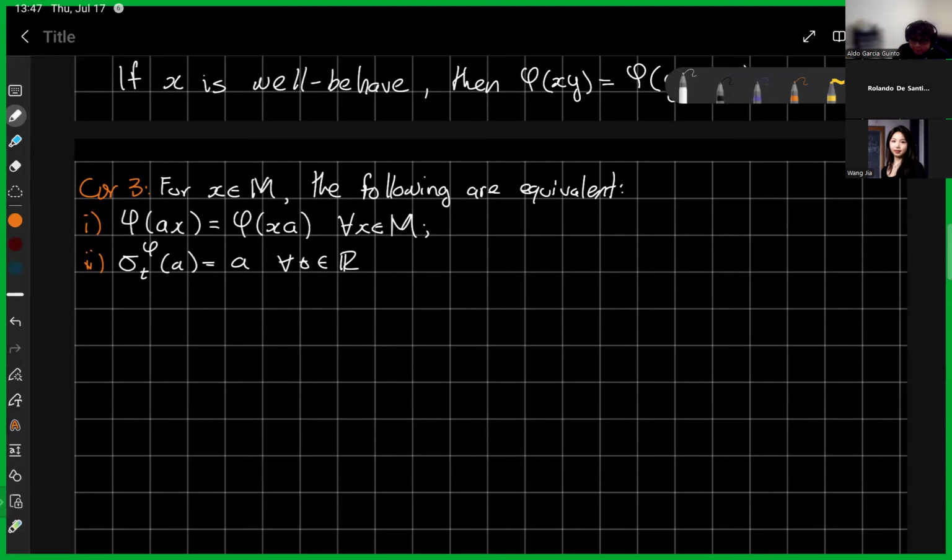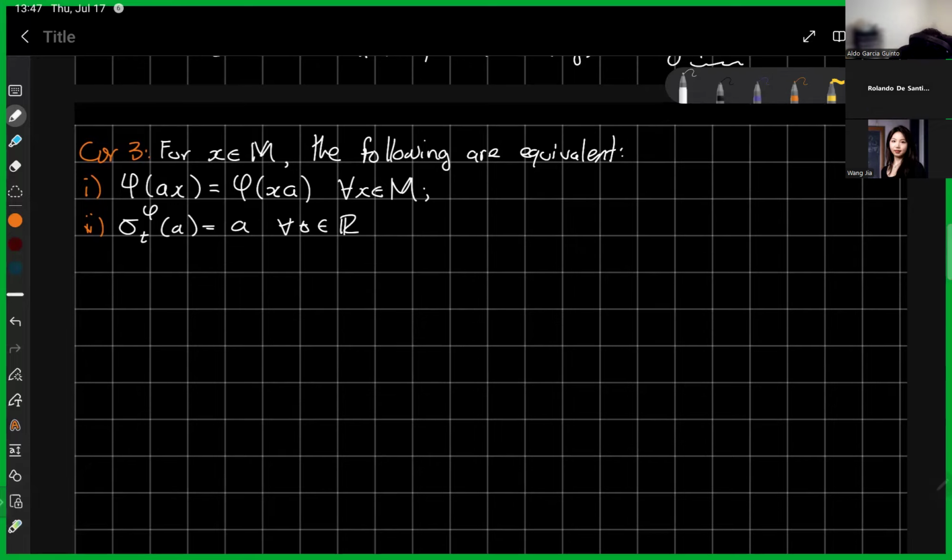Although you probably don't know the definition, since I'm not sure how much was covered, the way you should be thinking about it is an action of R on M through P_t, such that phi composed with P_t is equal to phi.